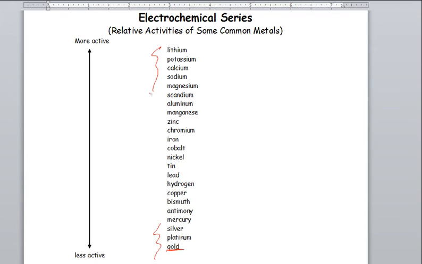Things that are up the top have a weak hold of their electrons, and they're easily taken by other chemicals. So, what does that mean as far as this chart, and if we're comparing 2 metals? The rule of thumb is if the metal cation is below the metal, then a reaction would happen.